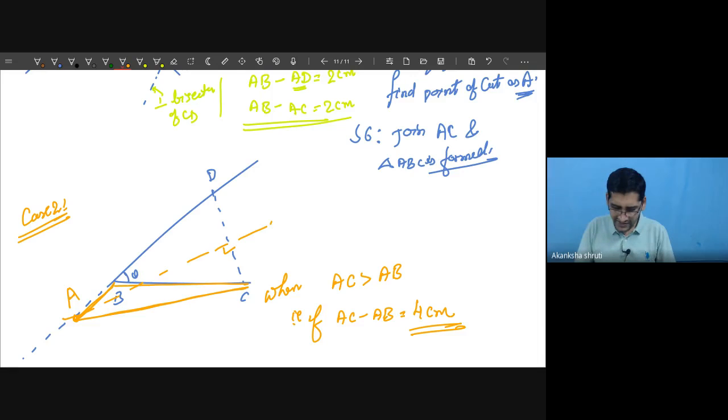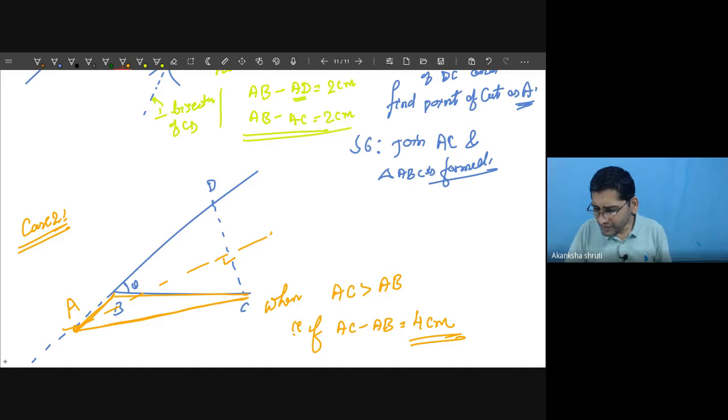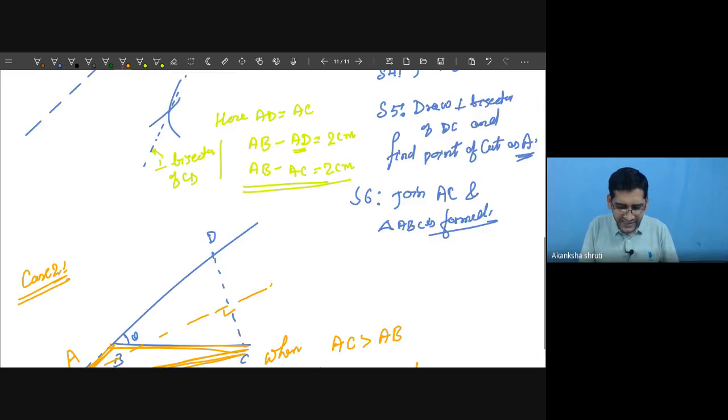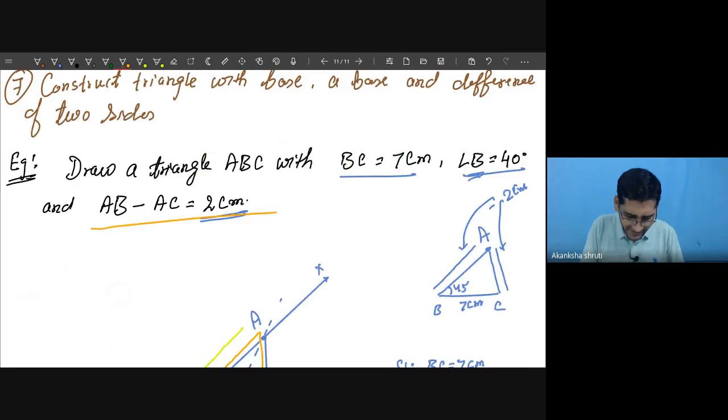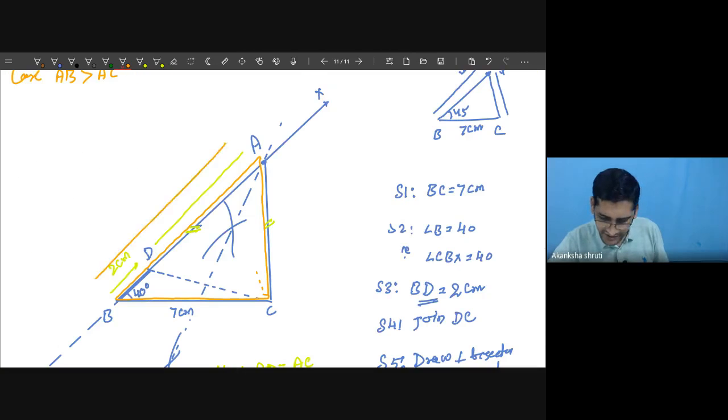In this case, you will get the D on the back side. Observe what is the difference. Here AC is bigger than AB. So that's why A will fall on the dotted side, on the back side. But what was in case 1? In case 1, we had taken that AB is greater than AC, means this length is bigger than this one.